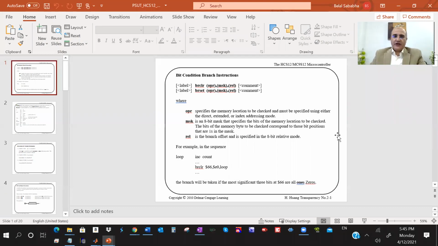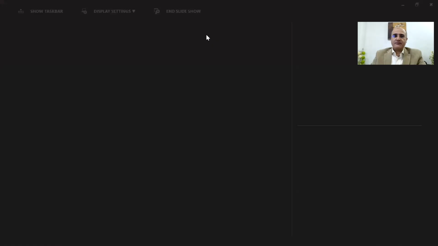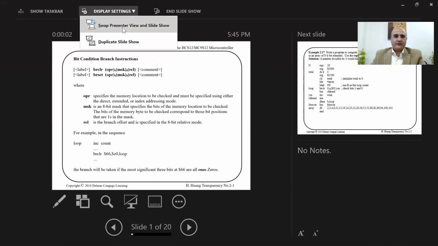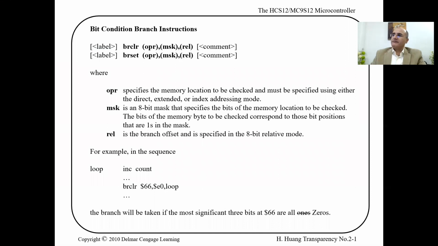Bit condition branch instructions. I actually like it. We spent a lot of time before, but we used almost everything. More on branching.